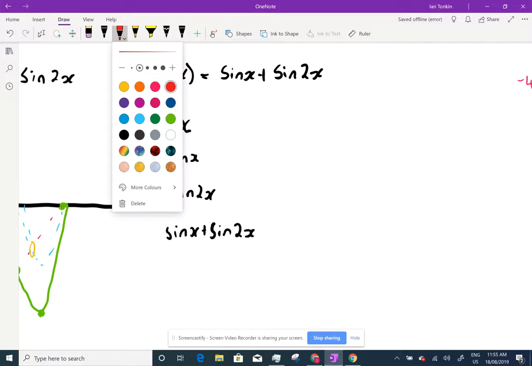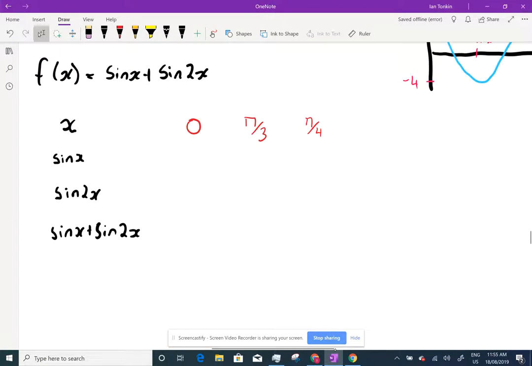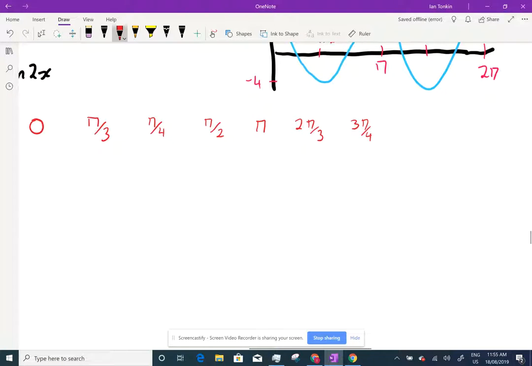So you're going to obviously grab x equals 0. You grab, I don't know, pi on 3, because that's a nice easy one. You might grab pi on 4, pi on 2, pi, 2 pi on 3, 3 pi on 4, 2 pi.